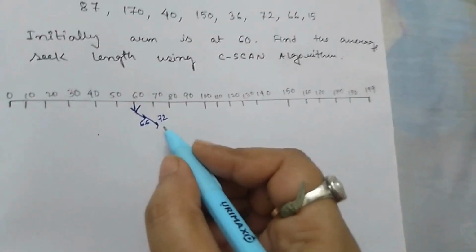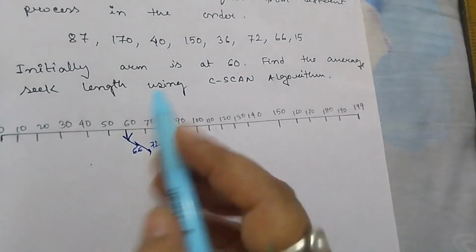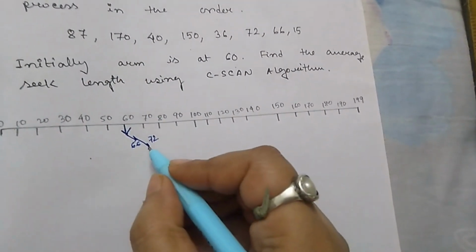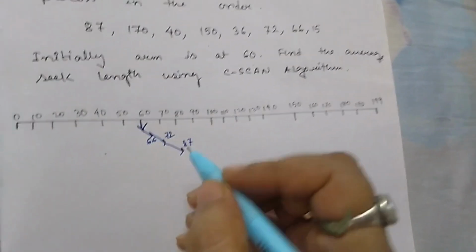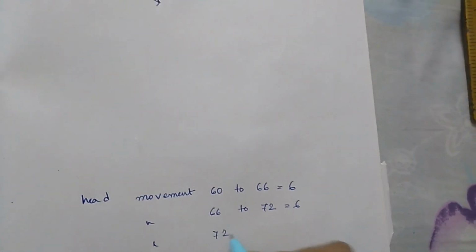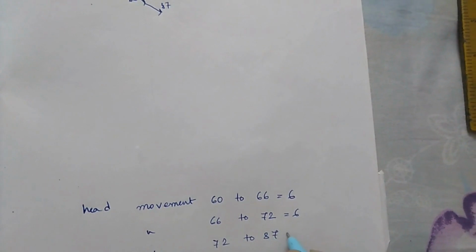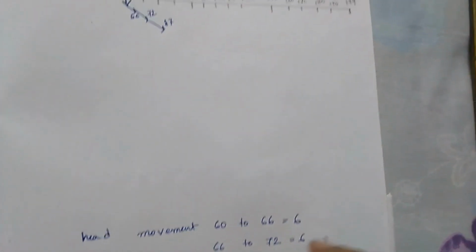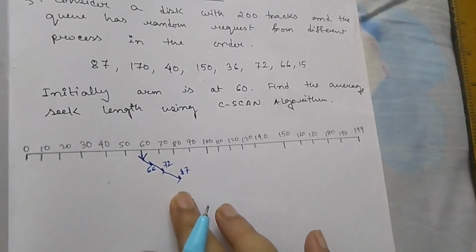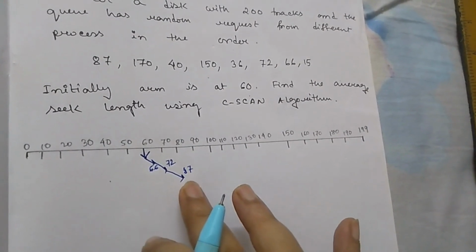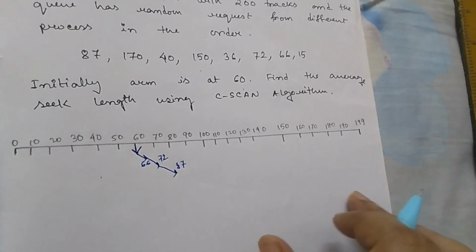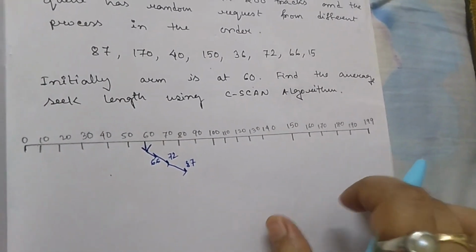Next we search for the next nearest value of 72. In this queue the next nearest value of 72 is 87. The head movement is 72 to 87, gap is 15. Now this is almost similar to the SCAN algorithm, so it moves in this direction, and we have to cover up to the last point, that is 199.